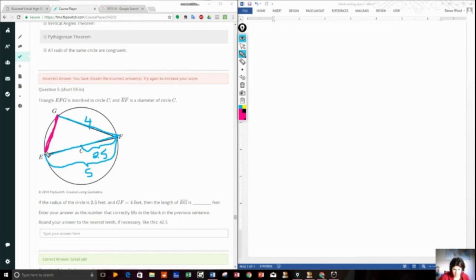Well, how can we do that? There's a few things that we know. We know that an inscribed angle that cuts off the diameter, or has its endpoints at the diameter, is going to be 90 degrees.